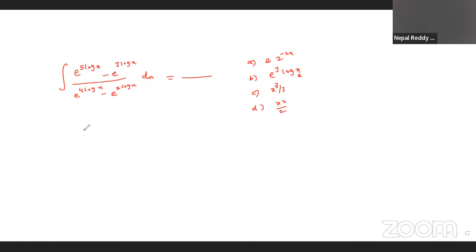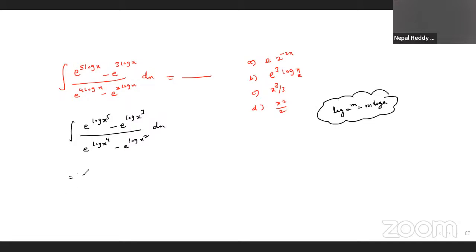Let us see. It is written as e power log of x power 5 minus e power log of x power 3, divided by e power log of x power 4 minus e power log of x power 2, dx. That is, log a power m is written as m into log a.